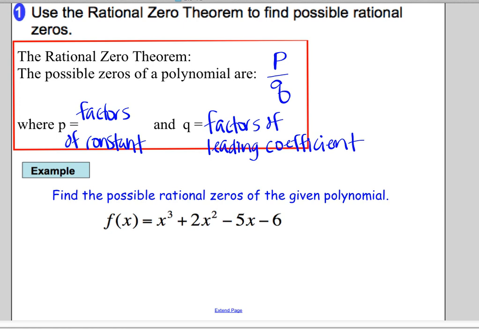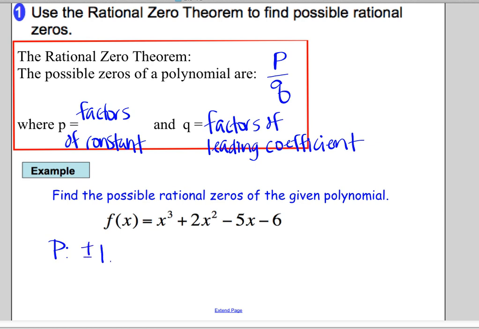So let's go ahead and look at an example. We want to find the possible rational zeros of this given polynomial f of x. We're going to continue to work with this polynomial throughout the first few examples of the video. The first thing to decide is what our p's are. The constant is -6, so we need to list out all the factors of -6.